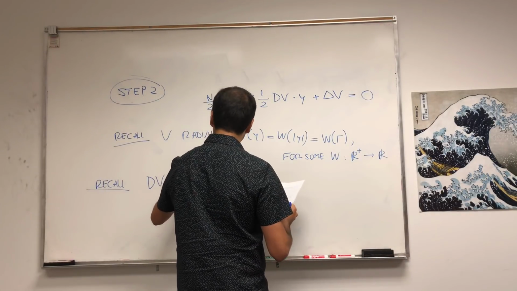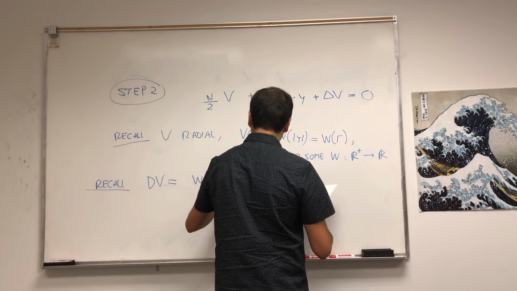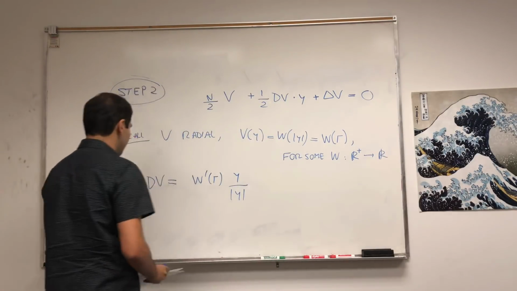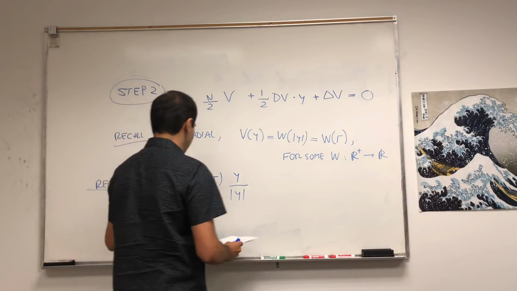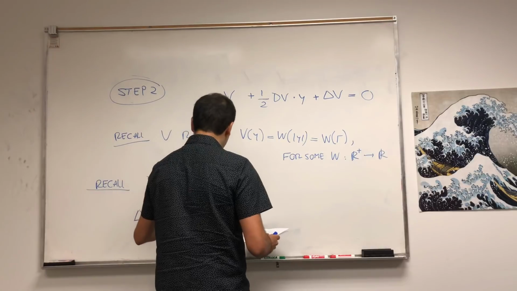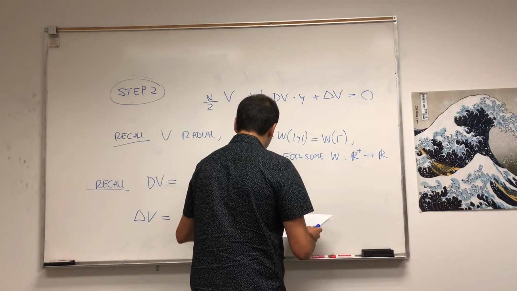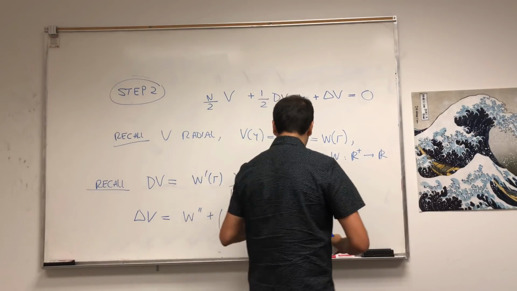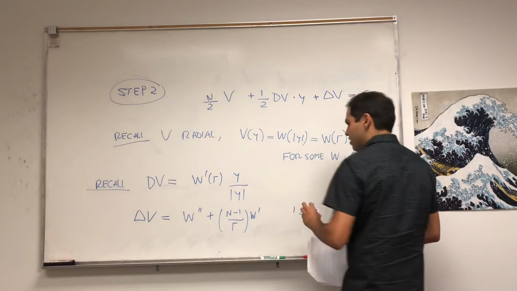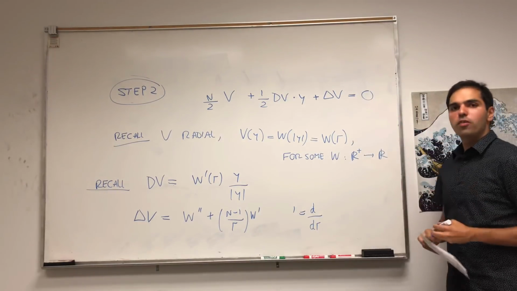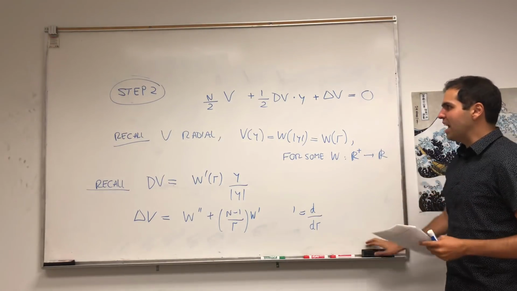So dv is w prime y over length of y. And moreover, the Laplacian you can also calculate. Laplacian of v just becomes w double prime plus n minus 1 over r w prime, where prime is d over dr. This is sometimes called the radial part of the Laplacian. All right, wonderful. So we have this.